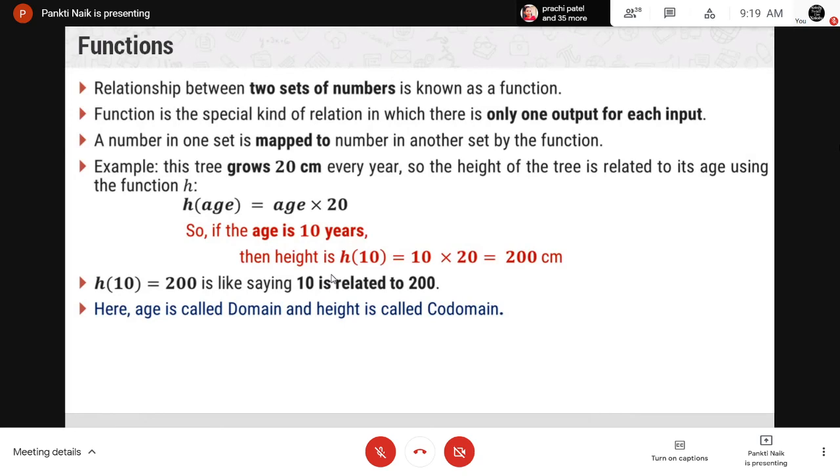If we have two sets of numbers and there is some relationship between these two sets of numbers, then this is known as a function. A function is a special kind of relation in which there is a relationship between two sets of numbers. A number in one set is mapped to a number in another set by the function.